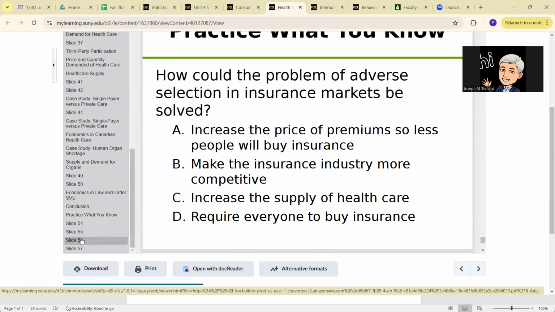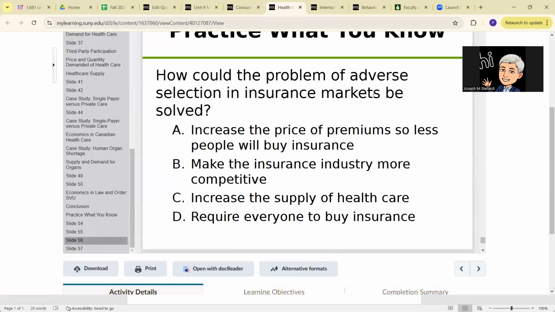How could the problem of adverse selection in insurance markets be solved? Now, in order to answer that question, you'd have to know what adverse selection is. Adverse selection is when someone who knows they're at high risk chooses to buy insurance because they know that their chance is better than average that they're going to collect on the insurance.